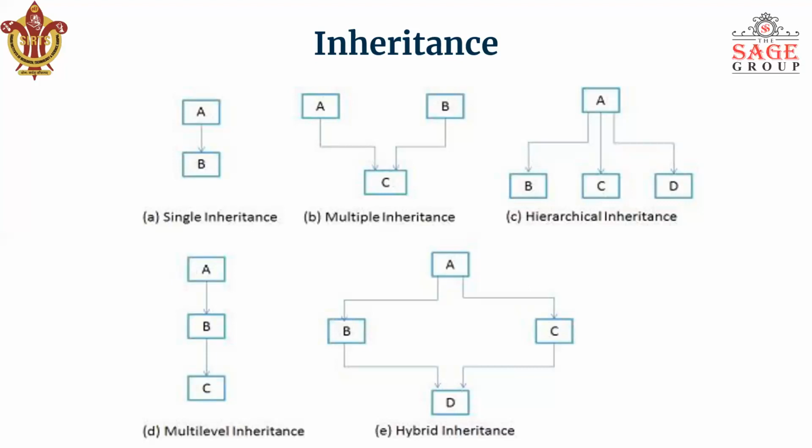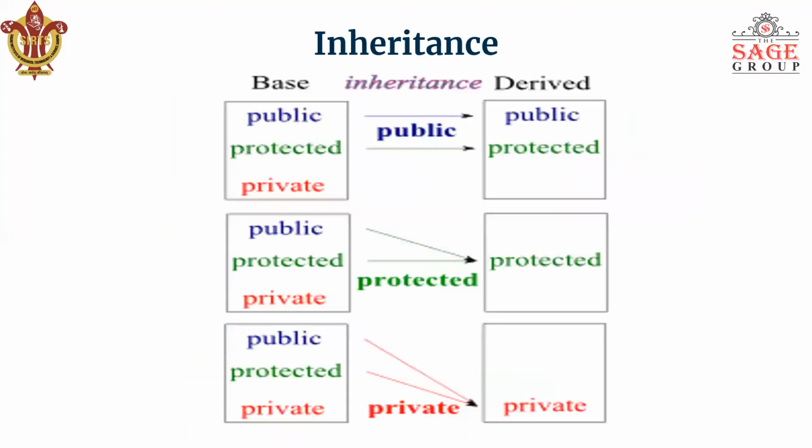And from those derived classes B and C, we again derive a single child class, that is class D. Now this looks like multiple inheritance. From two base classes, we have derived the single derived class D. So we can say that hybrid inheritance is a combination of hierarchical inheritance and multiple inheritance.